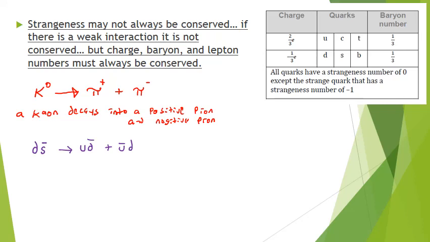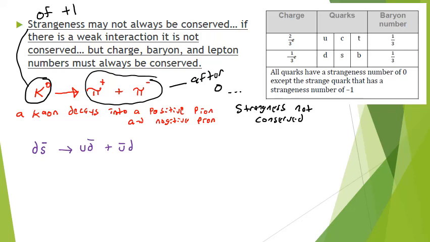Go ahead and get the charges for each of these and see if charge is conserved. And then also the baryon number, and check that, and then we'll talk about the strangeness as well. Go ahead and pause the clip and do that, and when you're ready to check, you can hit play to continue.